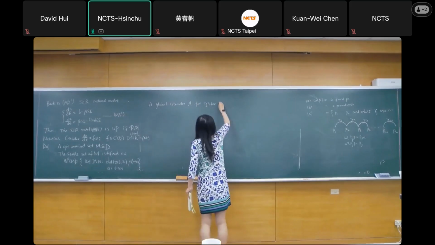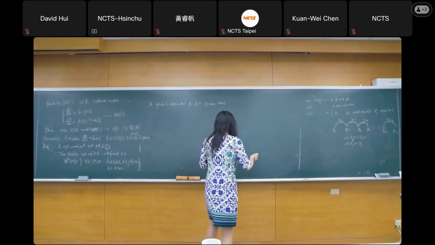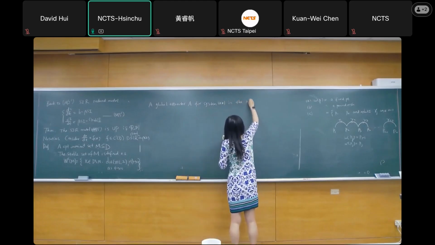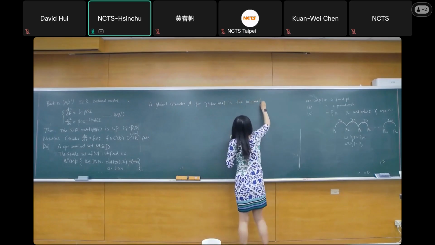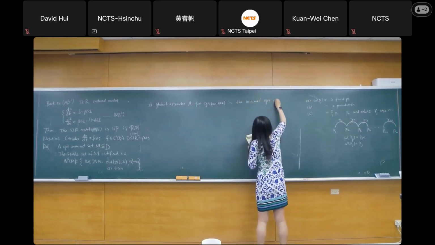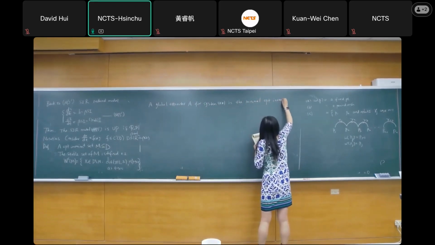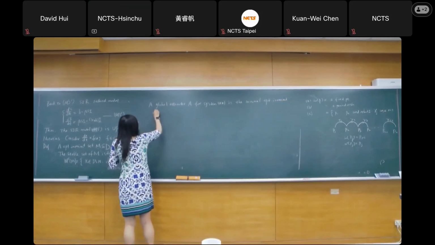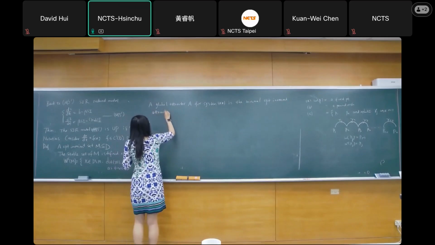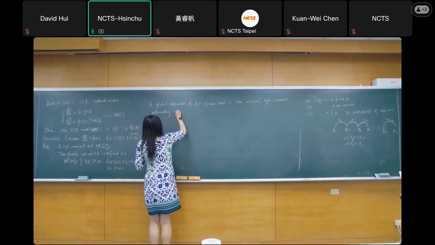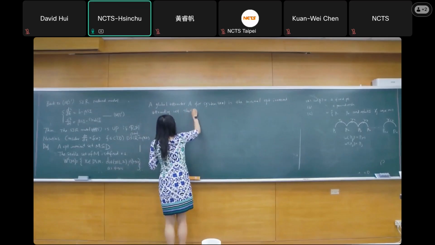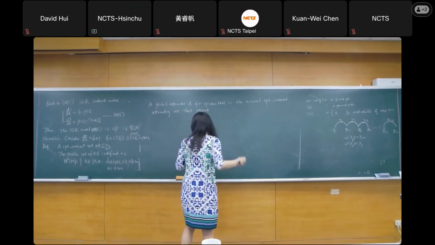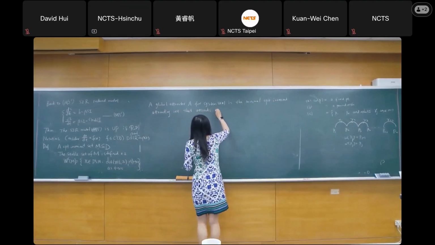The global attractor of the system is what? It is the minimal compact invariant attracting set that attracts all bounded subsets.